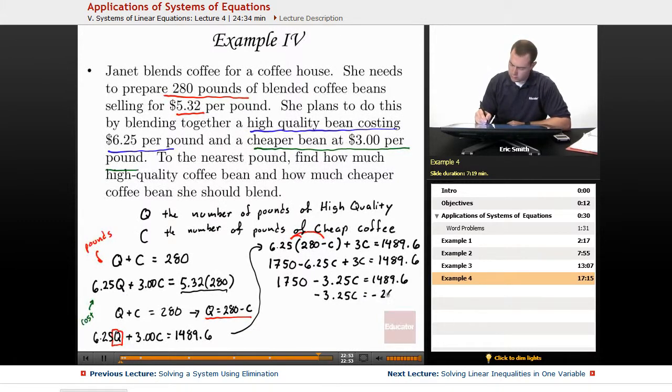So negative 260.4. All right, almost there. One last step. Let's go ahead and divide both sides by the negative 3.25.